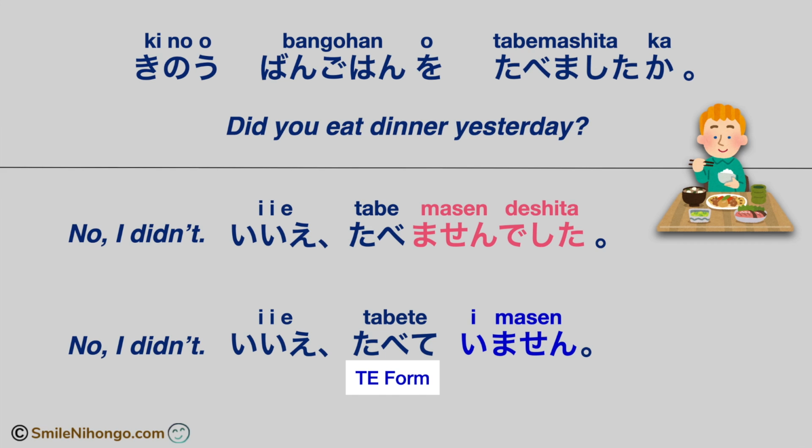This 食べていません here doesn't mean no, not yet, since the question wasn't asking you, have you already eaten? It simply asked you, did you eat, right? So here, this 食べていません means no, I didn't.